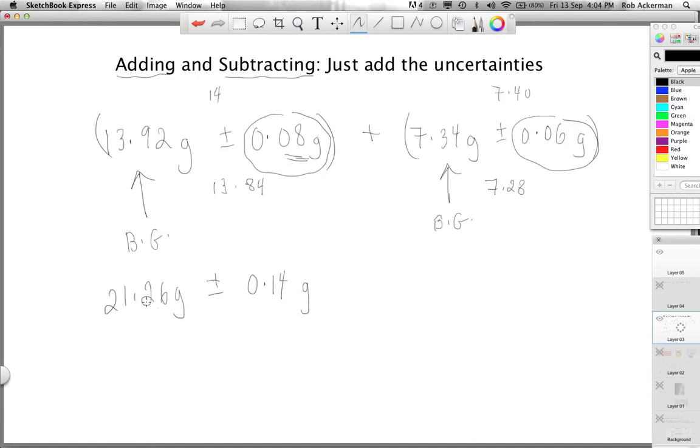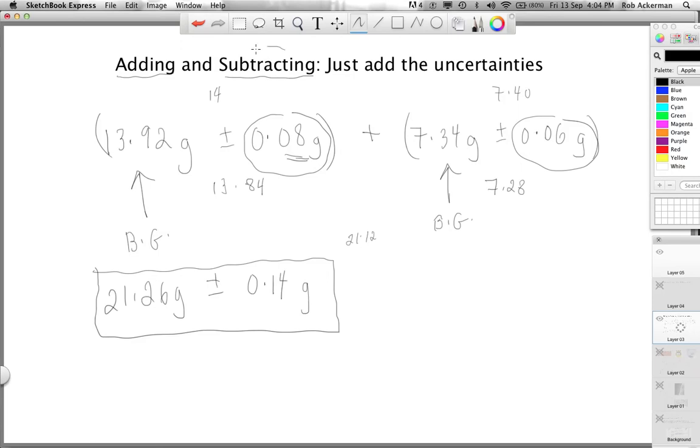It's going to come out to 21.12 on the low side, which is minus 0.14 off of this number. Okay? So that should help convince you that if you're ever adding two measured values that have an uncertainty, just add the uncertainties and you get your final answer.